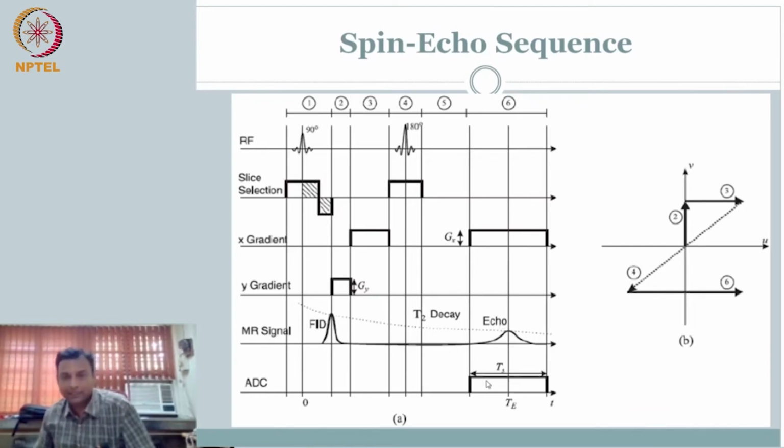I am actually measuring this echo. While I am measuring this echo, I have already imparted phase. I am just doing frequency encoding. So I am measuring the echo that is due to the spin, and therefore this is a spin echo sequence. The data that you are recording is an echo due to the spin. So it is called a spin echo, and the signal is related to T2, not T2 star.